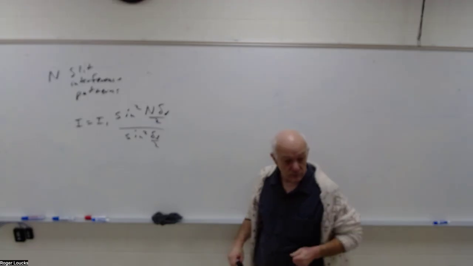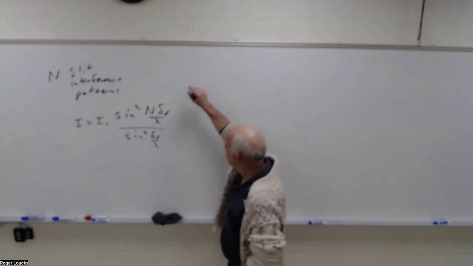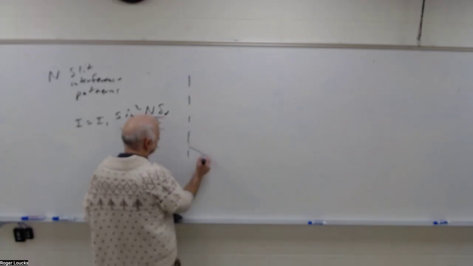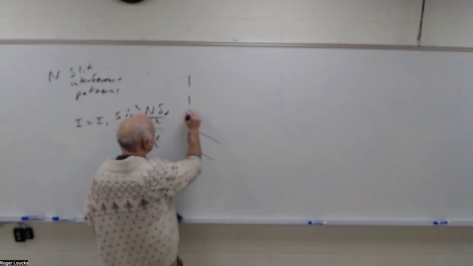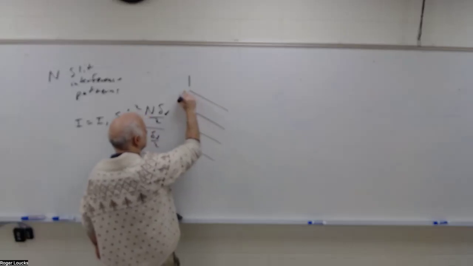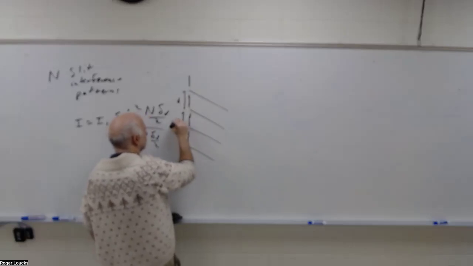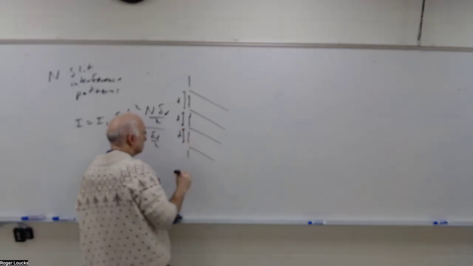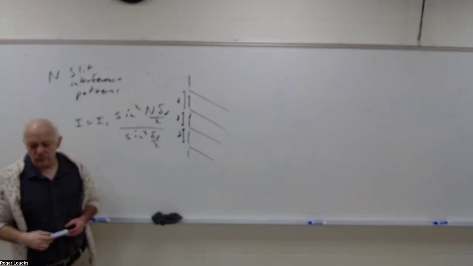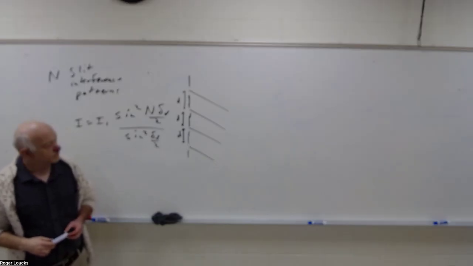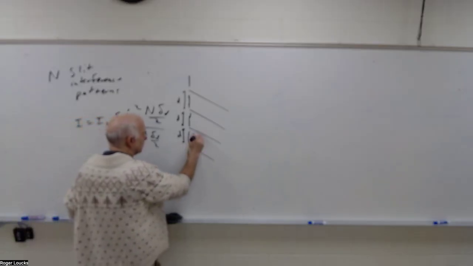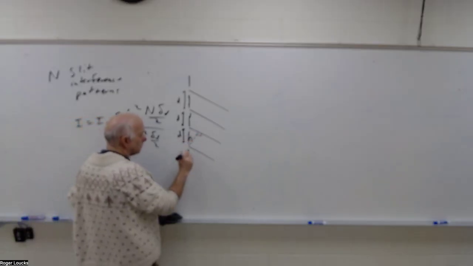How is delta D defined? Remember, we have these N slits like this, with the light coming out like this. D is the distance between all of these slits. Then how is delta D defined? We have this little perpendicular here, and this angle here was theta.